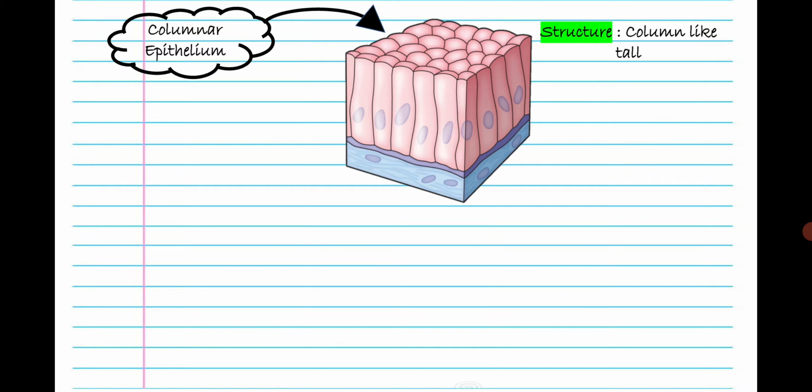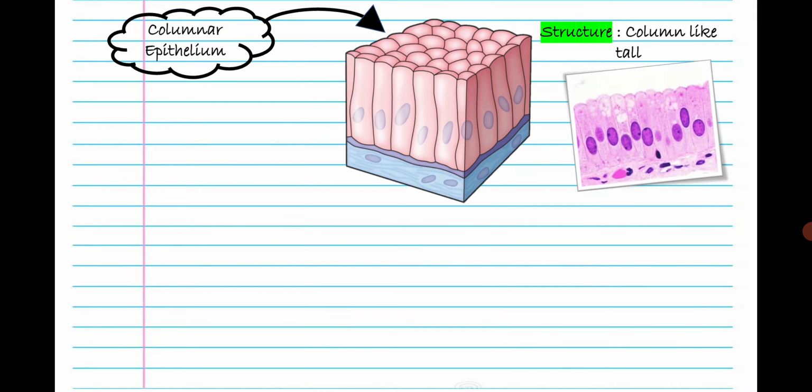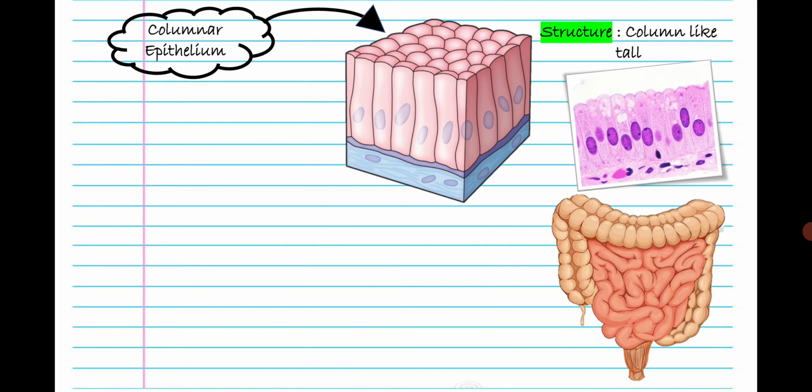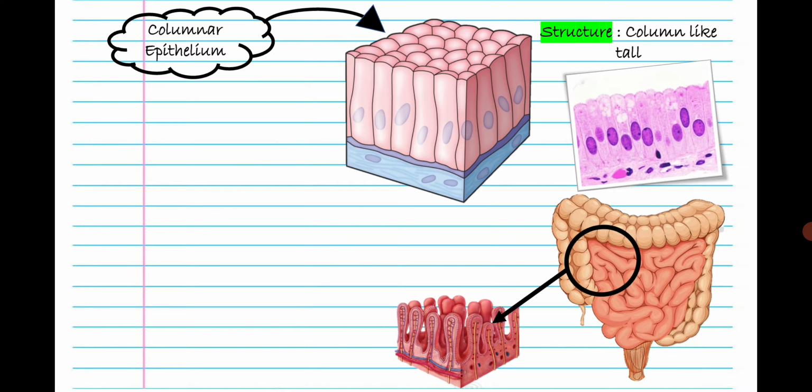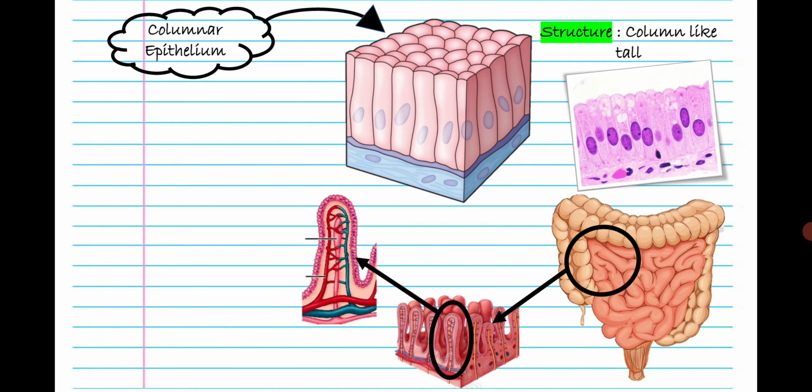Where are these tissues present? They are mostly present in our digestive tract. Here you can see the intestine. The inner layer of our intestine has a number of finger-like projections, and these are known as villi.